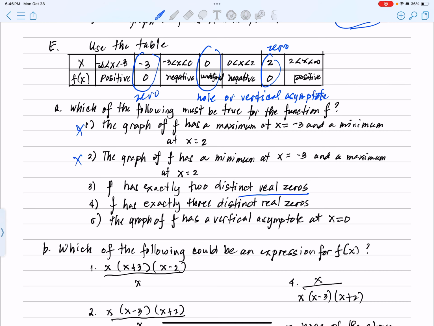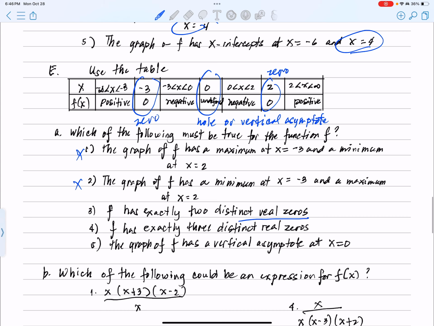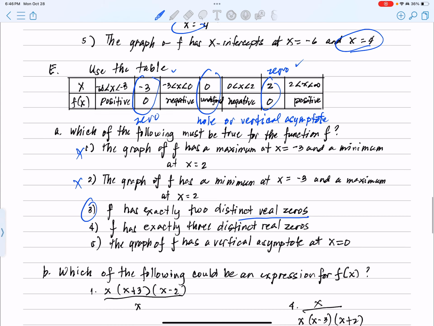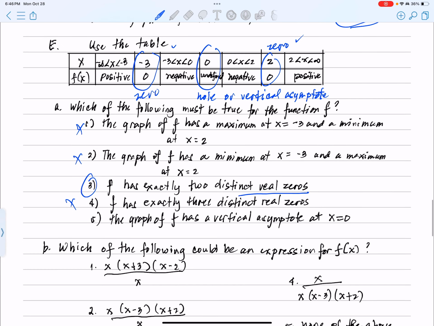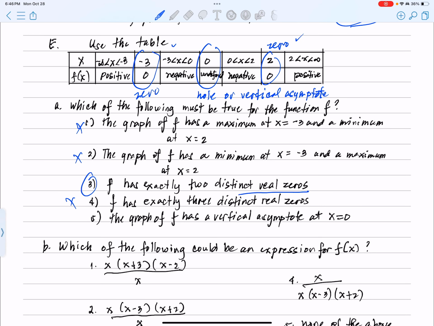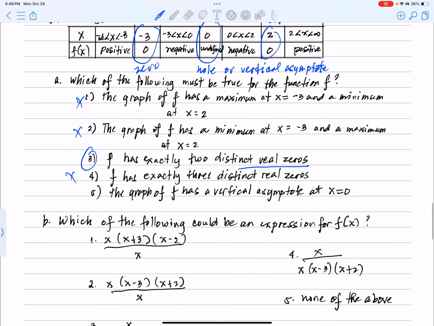So how many zeros do we have? 1 and 2. Okay, this is correct. f has exactly 3? No, it's not 3. The other one is undefined. The graph has a vertical asymptote at x equals 0? No. So our answer here is C.